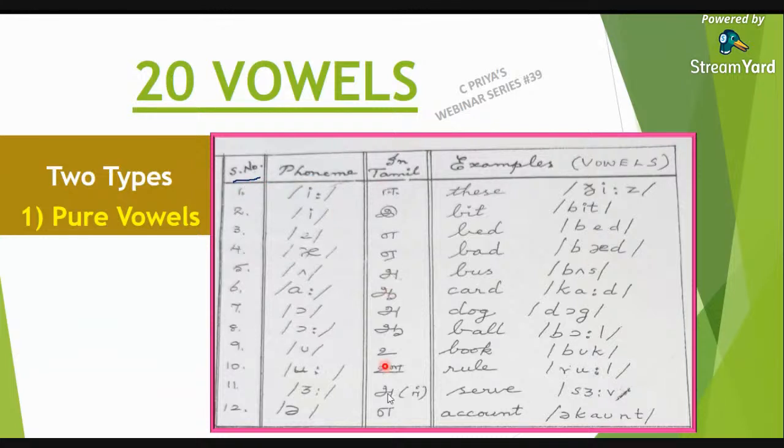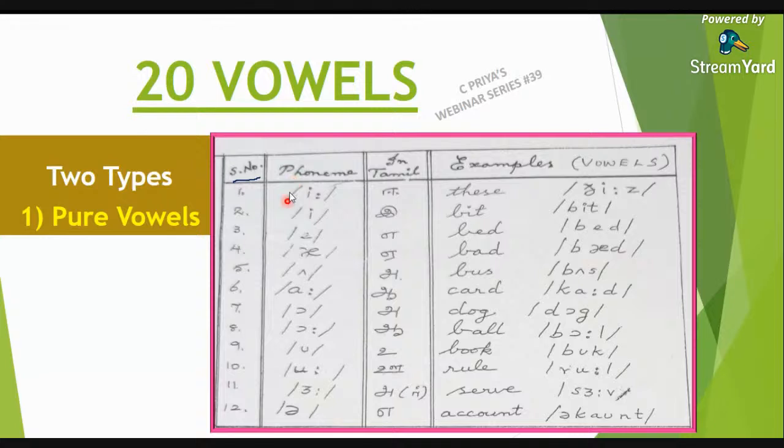This is for Tamil, and examples. I tell you in English for these phonemes. There are 12 pure vowels as I said. This is type 1, pure vowels. These are all the phonemes. Phoneme is nothing but sounds, right?